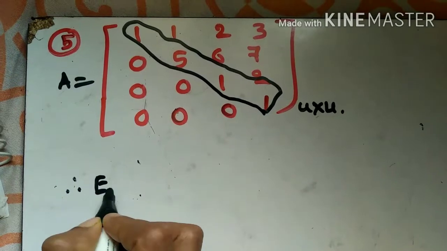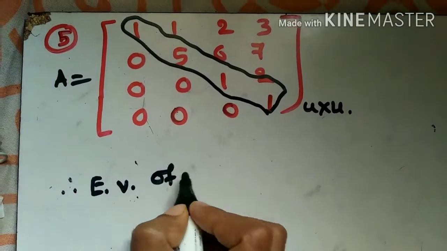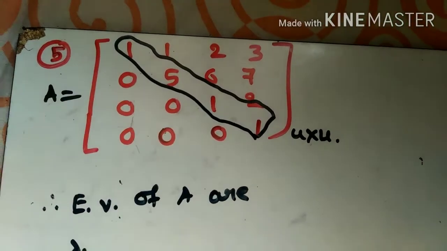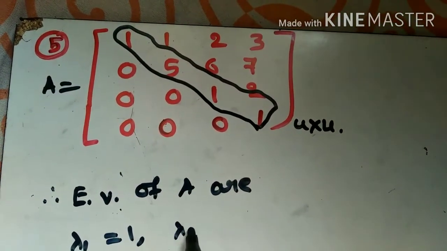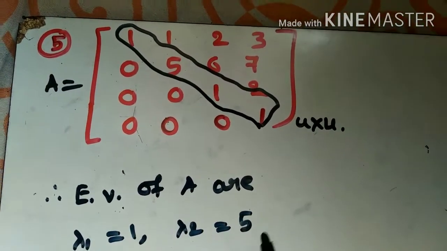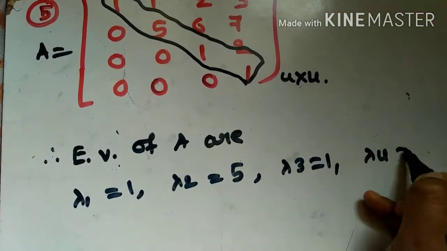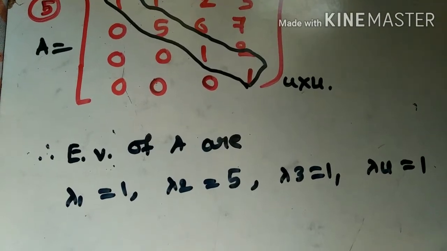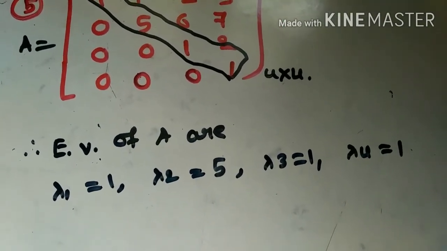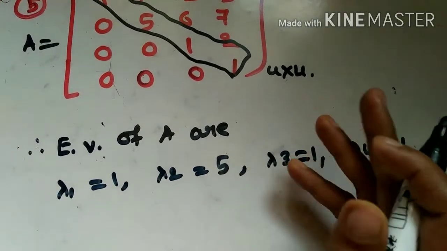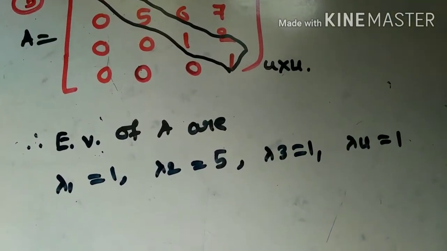Therefore eigen values of A are lambda 1 is equal to 1, lambda 2 is equal to 5, lambda 3 is equal to 1 and lambda 4 is equal to 1. Please keep remembering this thing, because it saves our time in our examination.